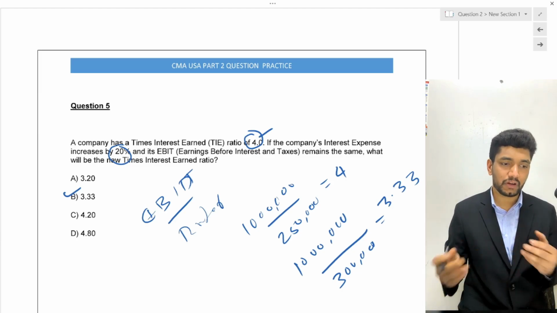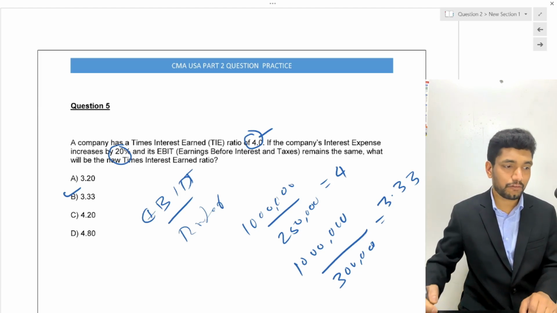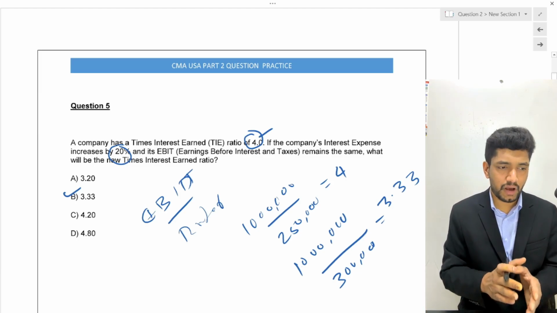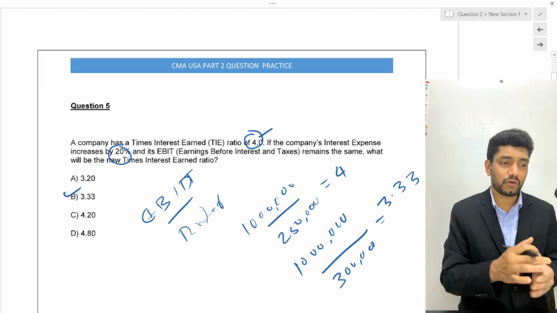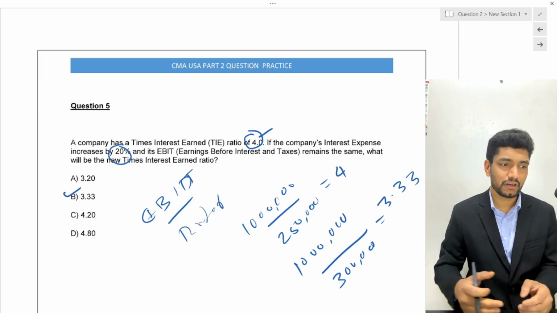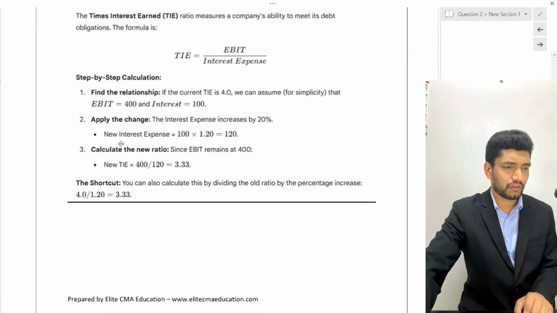Then you have to apply your logic to the question, so you can easily find the answer. Definitely you should try to apply an example for this. This will help you solve the problem quicker and faster in the examination. So again, I have already given the answer and explanation for this question. You can go through this.